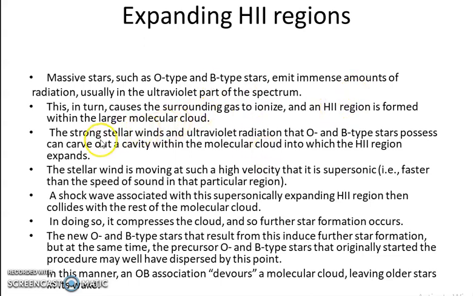The strong stellar winds and the ultraviolet radiation that the O and B type stars possess can carve out a cavity within the molecular cloud into which the H2 region expands.